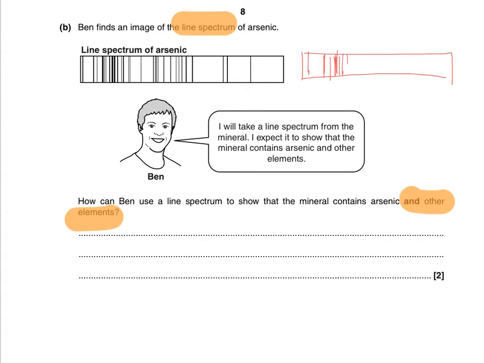This is my impression of what's going on there. But if it was a mineral and if it contained elements other than arsenic, it would contain lines in other places, which would mean it contains something else, not just arsenic.